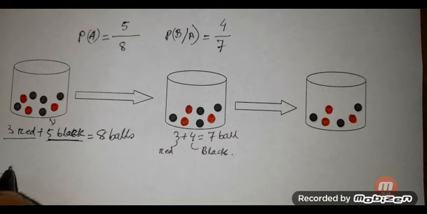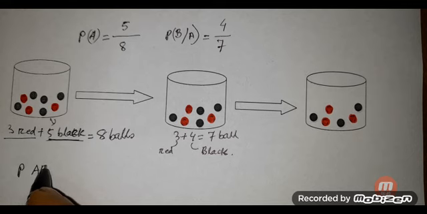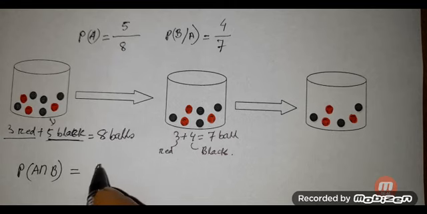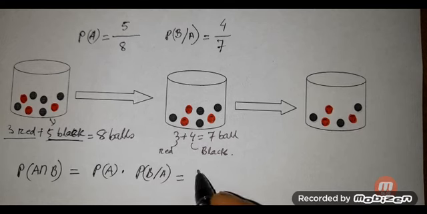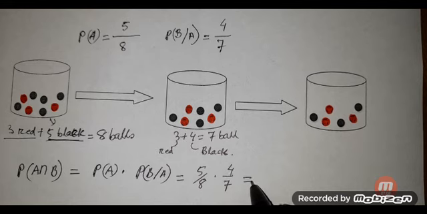Therefore, we have to find out probability of A intersection B, A and B, and that is equal to probability of A multiplied by probability of B given that A, and that is equal to 5 by 8 multiplied by 4 by 7, and that is equal to, after cancelling 8 by 4 we get 2, so we get 5 by 14.